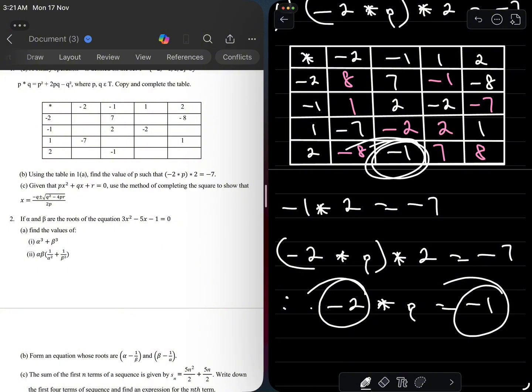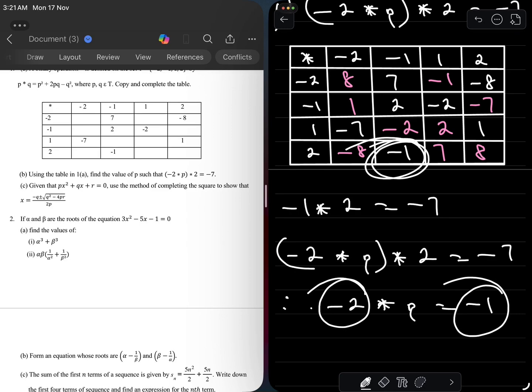What do we combine with minus 2 to get minus 1?